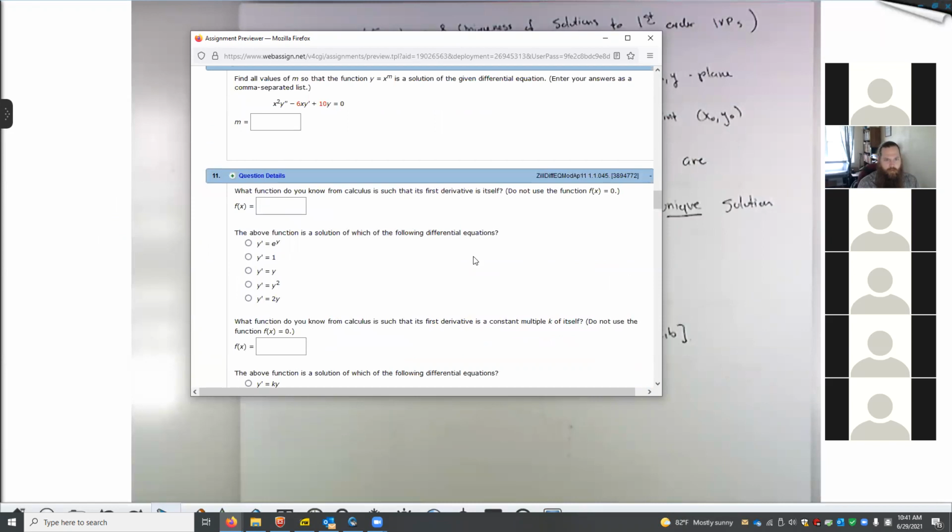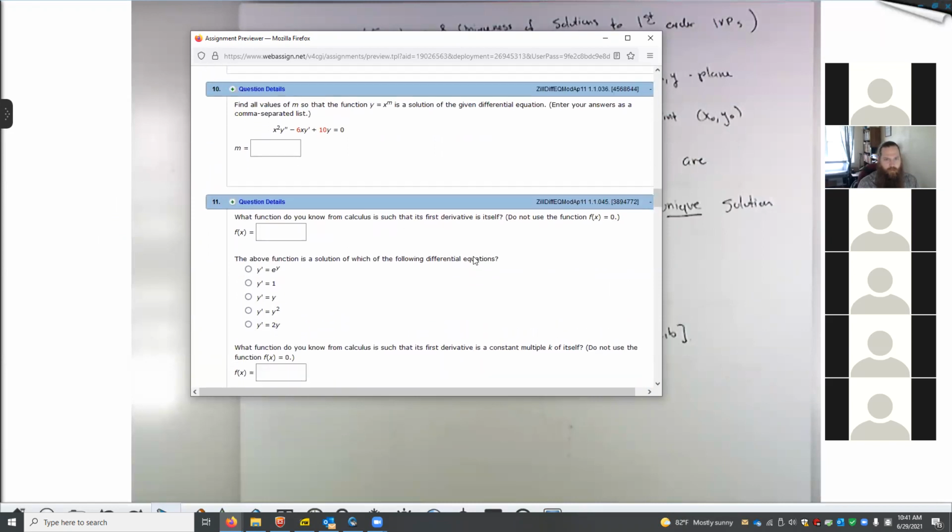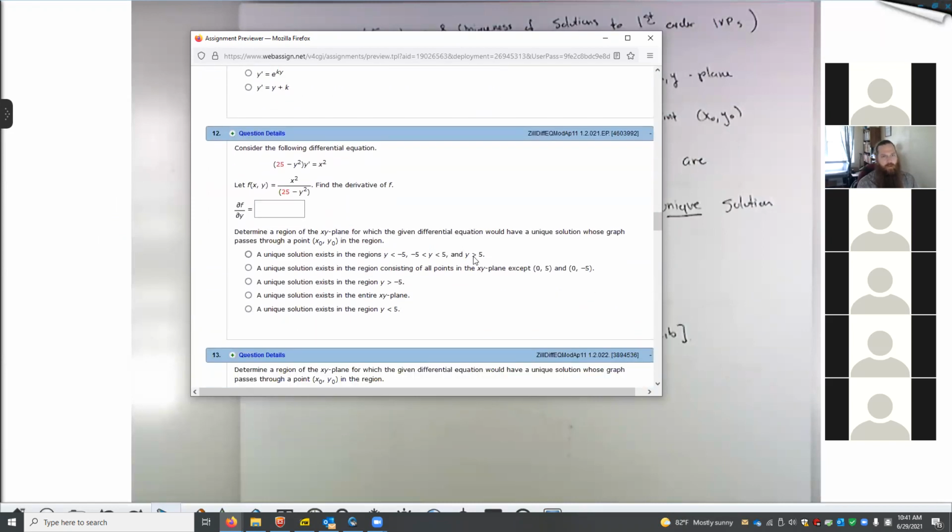No. Okay, that's fine, we'll go ahead and do 12. I like 12. So here is the first order differential equation, and they haven't specified initial conditions because they want us to come up with a rectangle in which we can guarantee a unique solution.